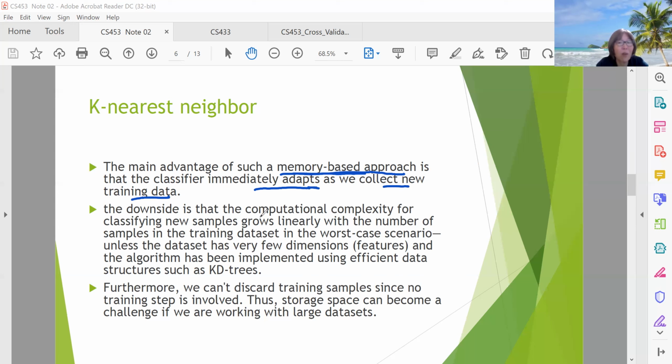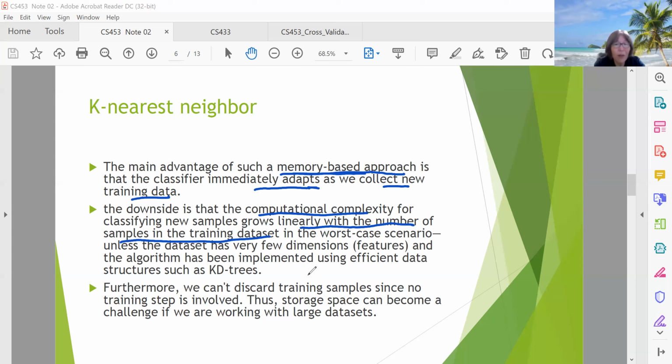Okay, so does the computational complexity for classifying new samples also grow linearly with the number of samples in the training data set? If you have a very large number of samples in the training data set, then the computation is clearly much higher.